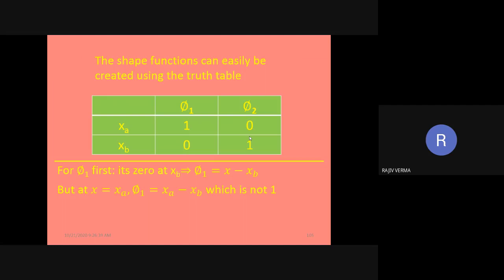Therefore, what we do is we simply divide the two, that is phi 1 is equal to x minus xb divided by xa minus xb, to get the required expression of phi 1.